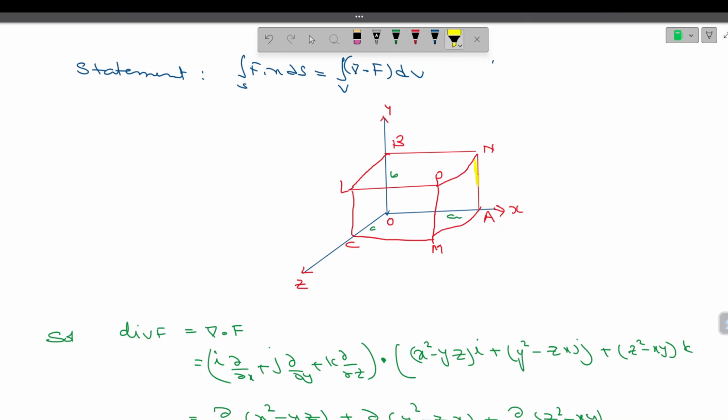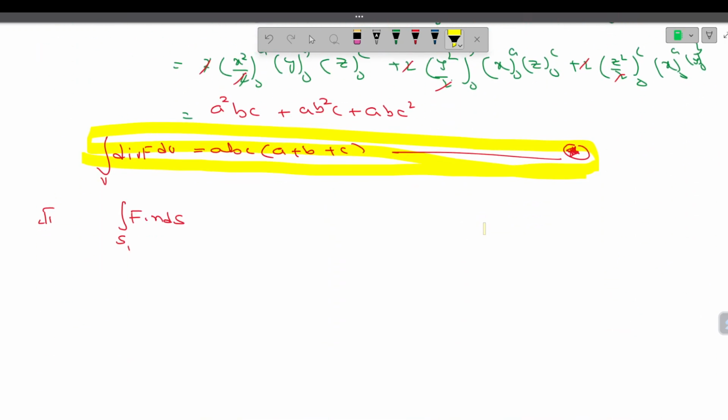Let me put the color on it. This is our face. So x equals a and n equals i, the unit normal vector.